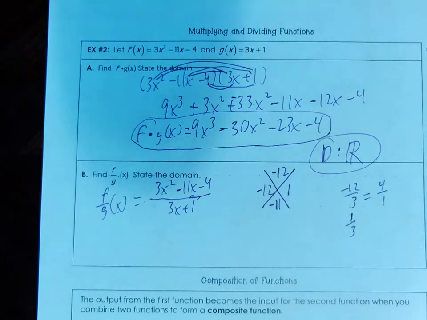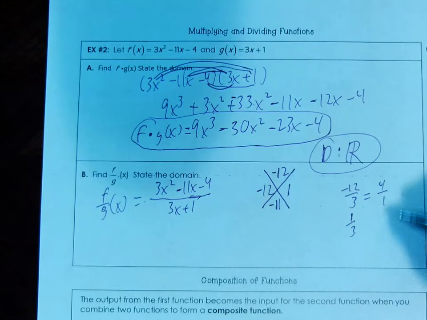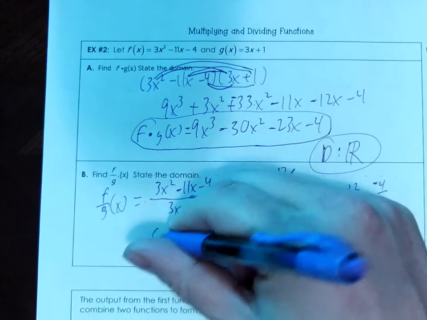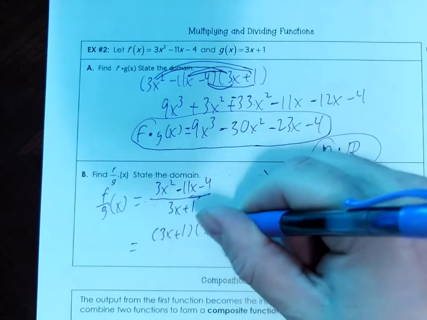So what does that mean about my factors? That means that my factors are 3x plus 1, and then this other factor is x minus 4. So I'm thinking here that this numerator is going to factor with a 3x plus 1 and then x minus a 4.